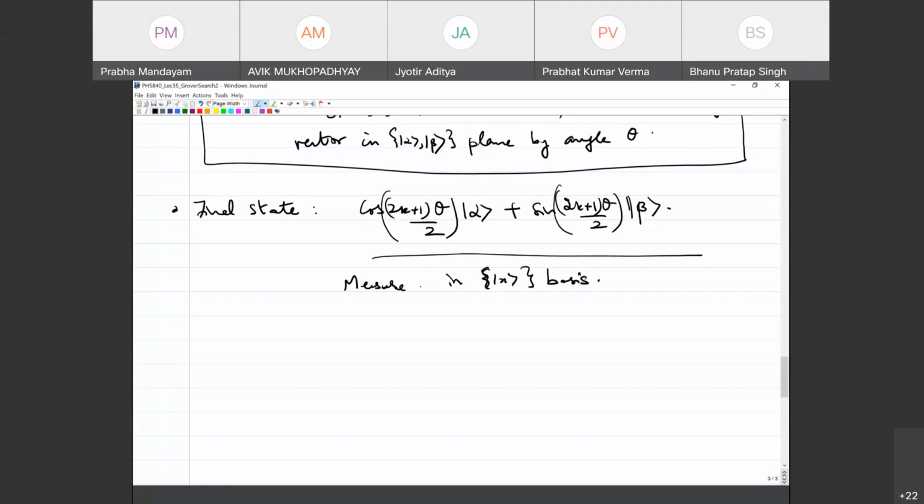So what happens when we measure this in the X basis? So if my state is like this, what is the probability of getting a solution state? Can someone tell me that? Sine square, sorry. Exactly.